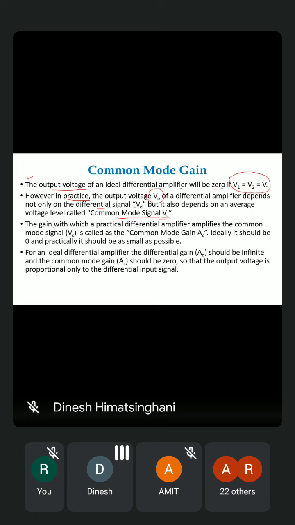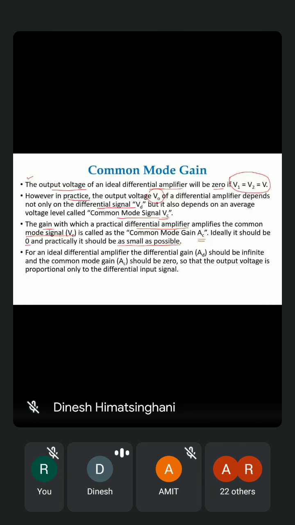It is the gain with which a differential amplifier amplifies a common mode signal, and it is called AC. Ideally, this value should be 0, and practically its value should be very low.